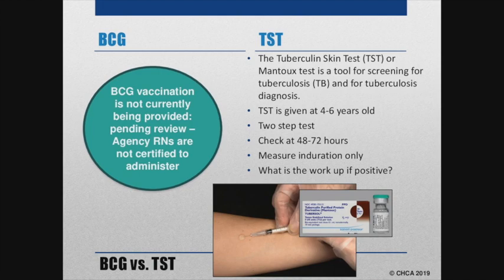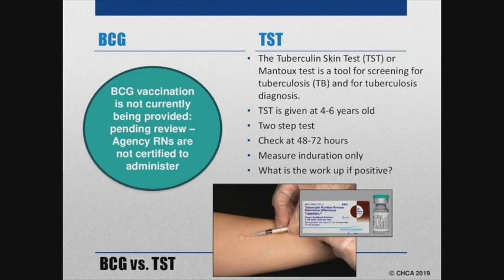And then a second test would be done 1 week later. That is what the 2-step test approach is. At each time, 48 to 72 hours later, the induration is measured only, not necessarily the redness or any inflammation. We're looking at elevation or the induration, which can be measured.